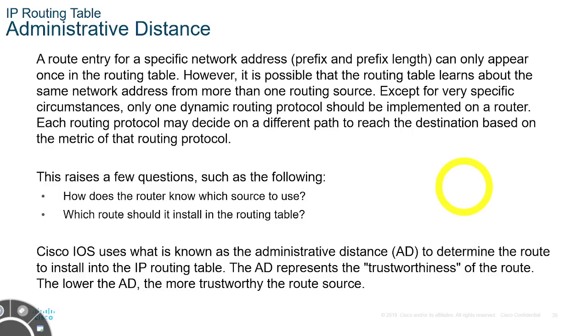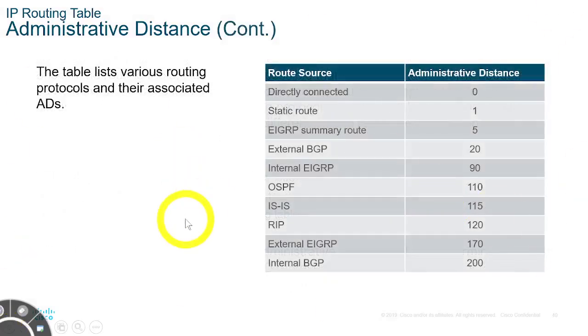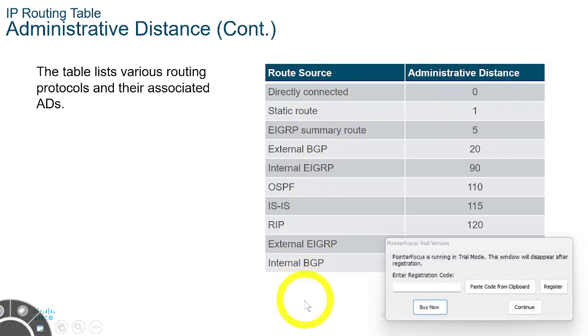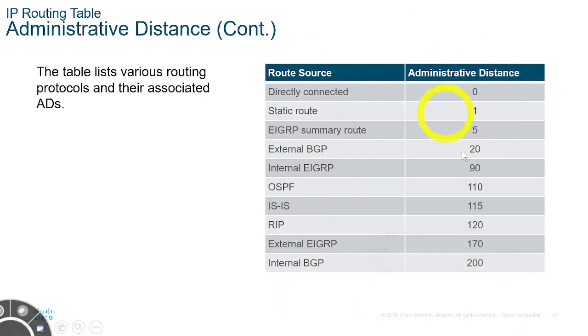So administrative distance helps us to determine the route to install within the routing table. This table, based on these route sources, we plug in these values.